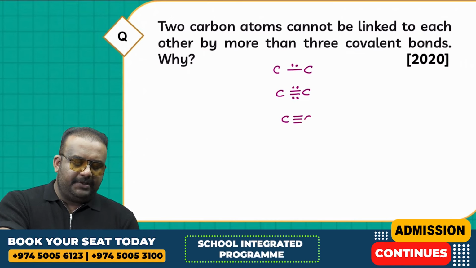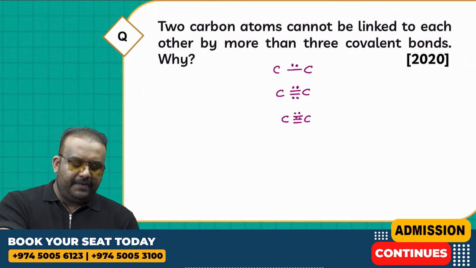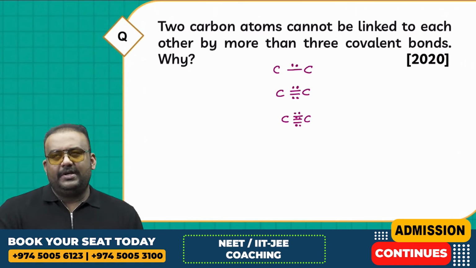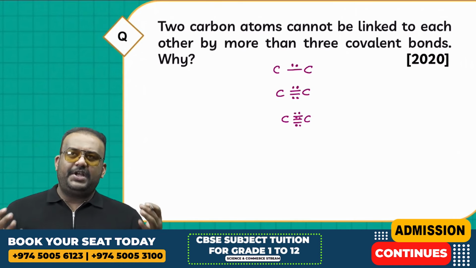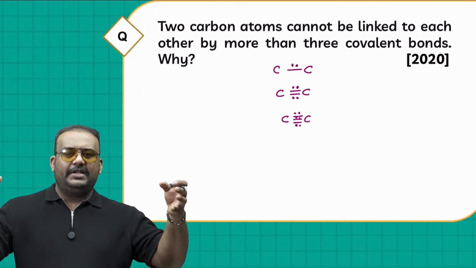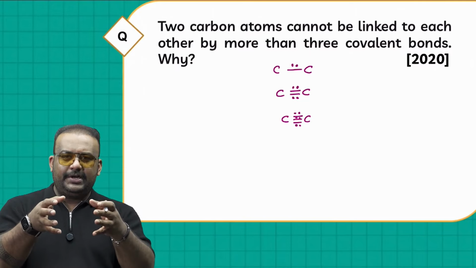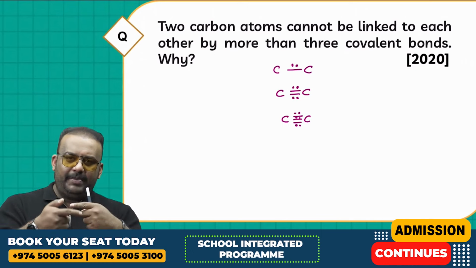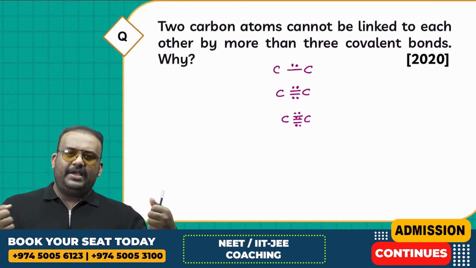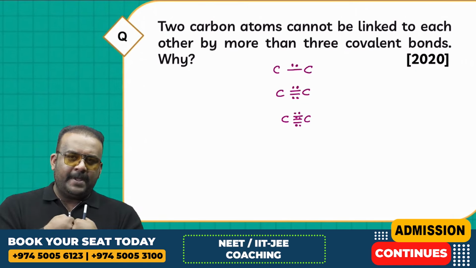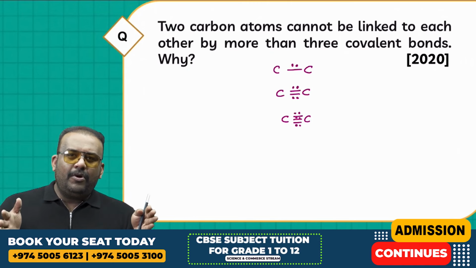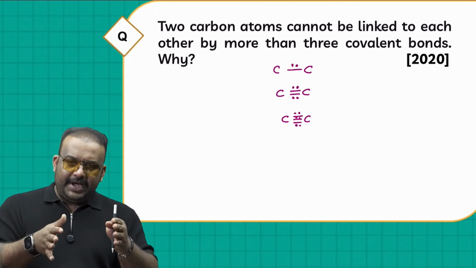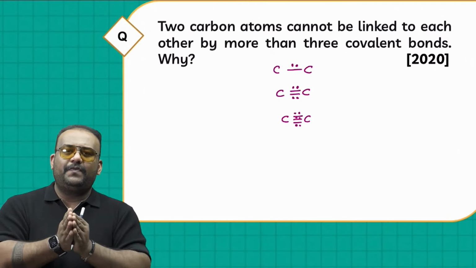When carbon and carbon is forming a triple bond, there is sharing of three pairs of electrons. Every time when I say sharing, you must understand that these atoms are coming closer and they are overlapping their atomic orbitals so that they get bonded. So, the more electrons they share, the greater the extent of overlapping.